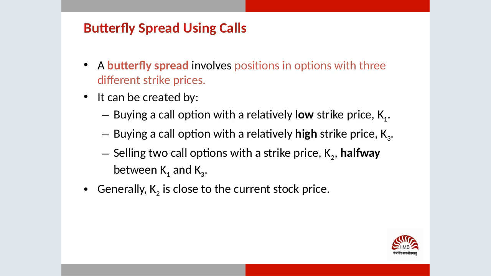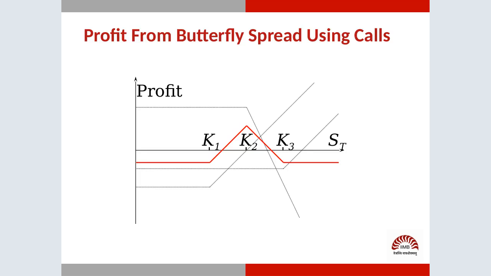In which case, the net premium will be C1 plus C3 minus 2C2, and by the same logic, the net premium in the alternate case will actually be positive. The graph will simply be a mirror image. If you take the red line and reflect it around the x-axis, that is what it will look like. So it will be a V with the two sides extended.